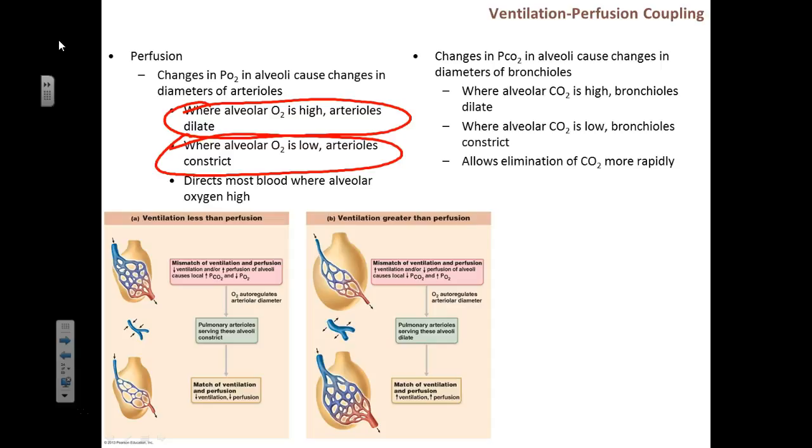Now, ventilation is regulated too, but it's regulated via carbon dioxide changes. So if a certain region of the lungs demonstrates increased CO2 concentration, increased CO2 partial pressure, the bronchioles that lead to that part of the lung will dilate. Do you understand why? When bronchioles dilate, which process will happen faster?